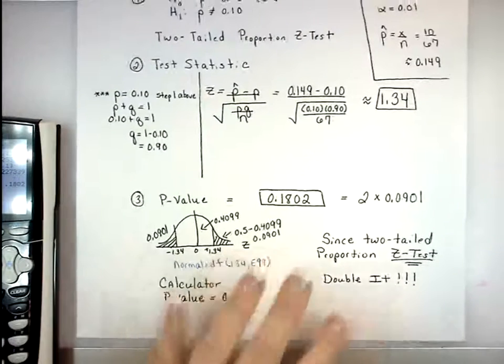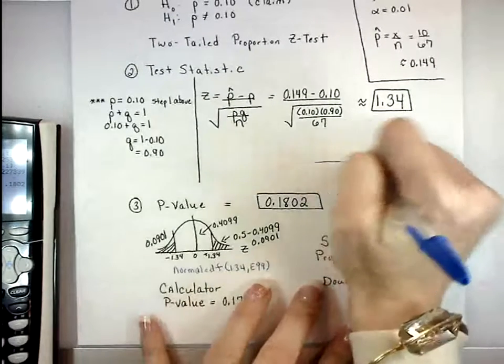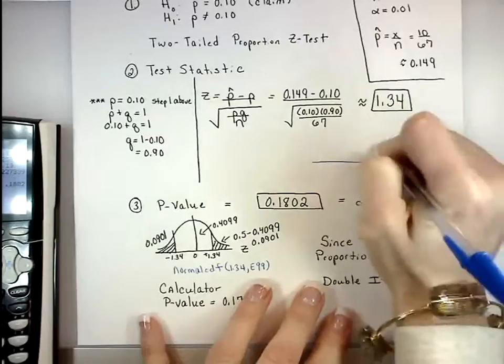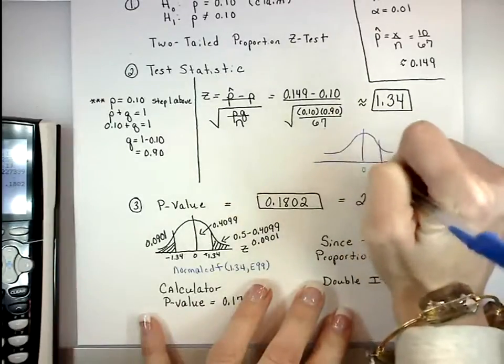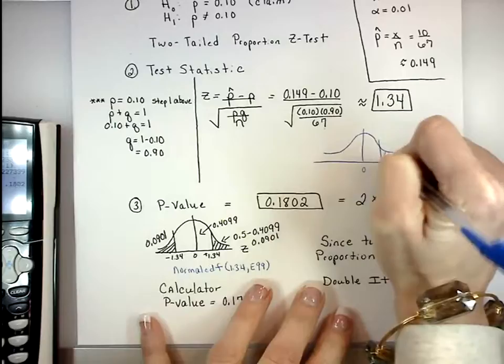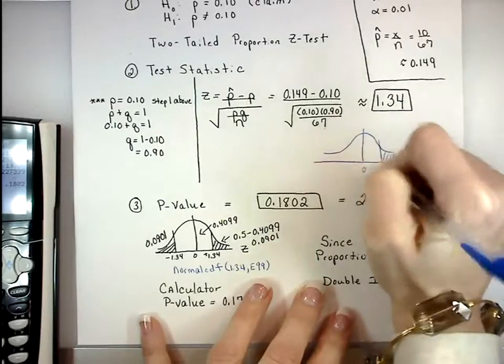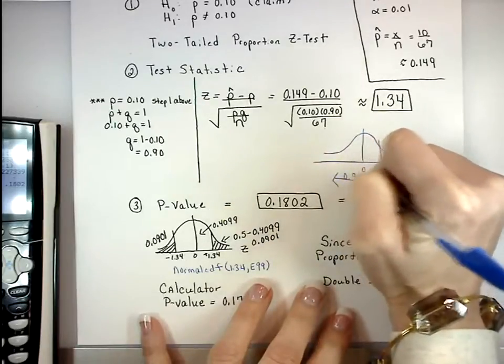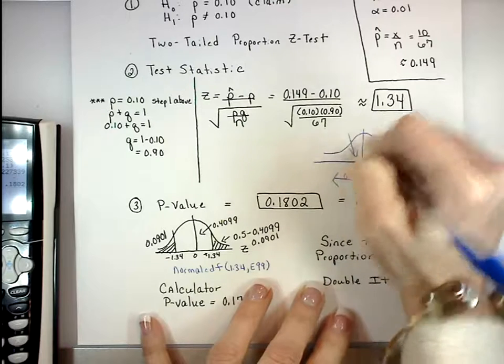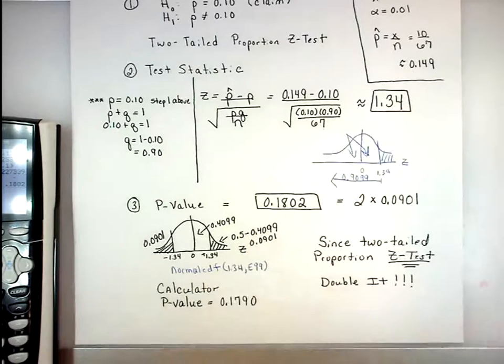And I believe this is the perfect spot for it. Here's your 1.34, but the area below it is 0.9099, which is this area, according to the two-page z-table.